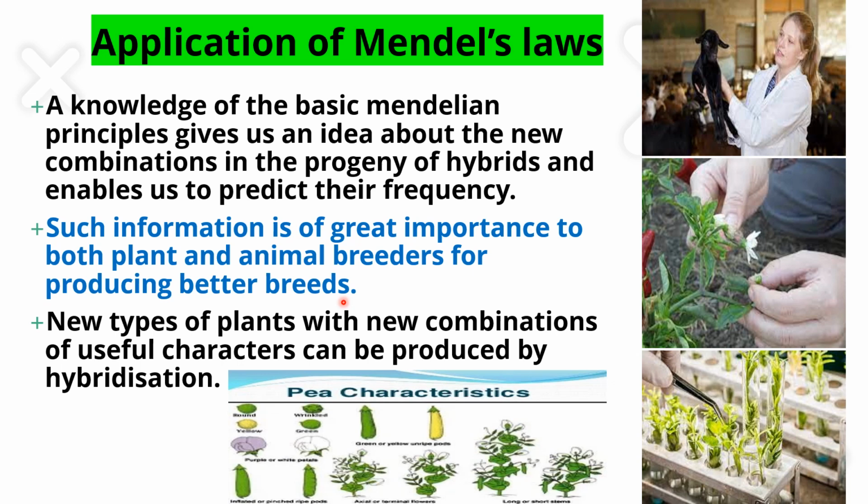New types of plants with new combinations of useful characters can be produced by hybridization. Through these laws we can try new combinations. These are the applications of Mendel's laws.